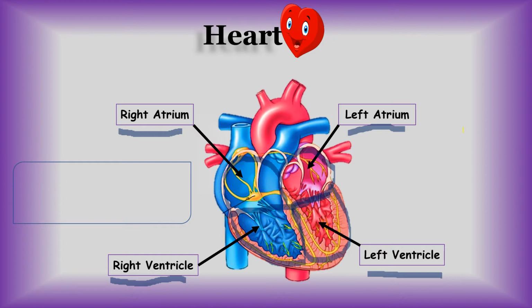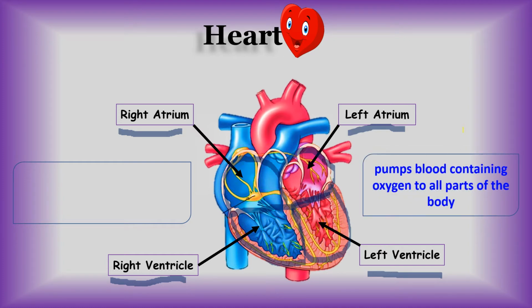Right atrium receives blood without oxygen from the body. Left atrium receives blood with oxygen from the lung. Right ventricle receives blood from the right atrium and passes it to the lungs. Left ventricle receives blood from the left atrium and circulates it in the body. So the left side is responsible for pumping blood with oxygen.